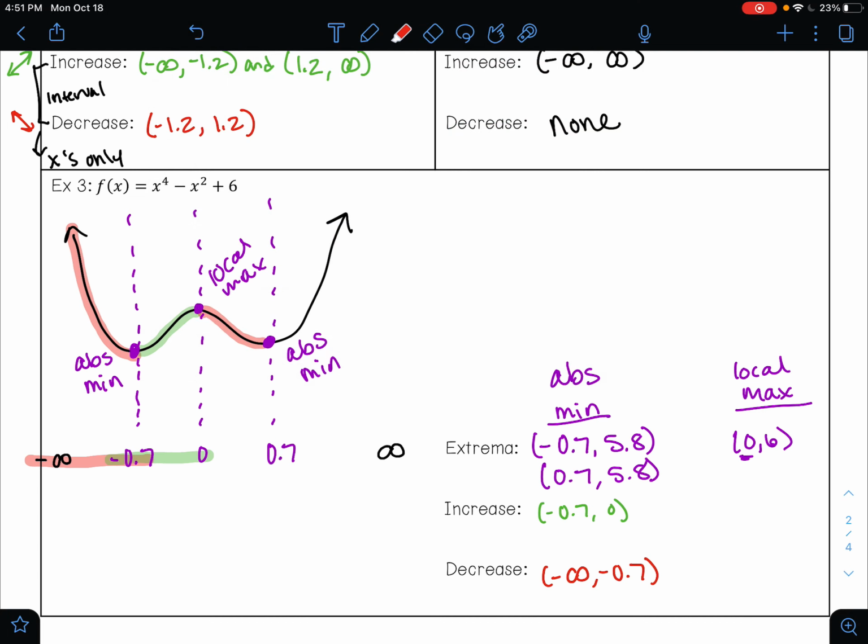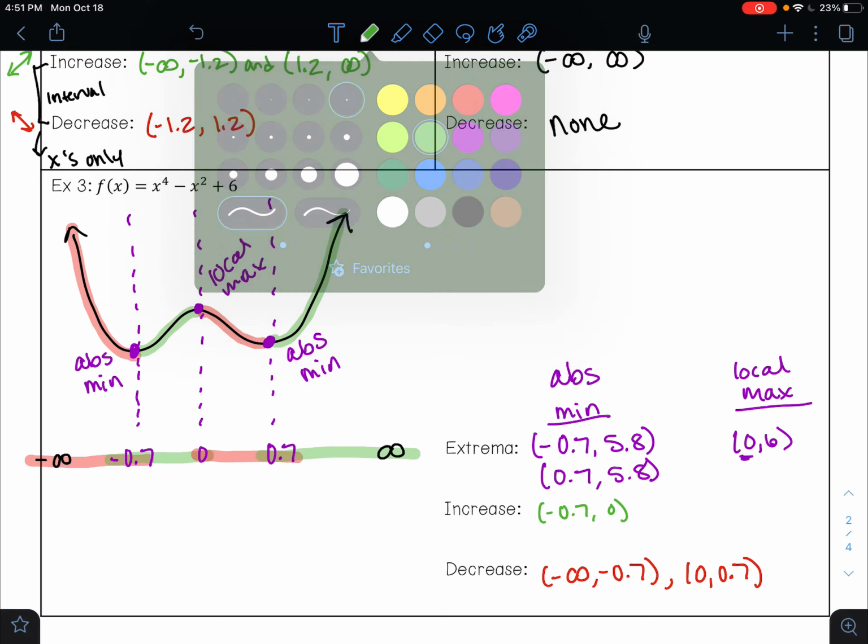So again, I am decreasing. So I am decreasing from 0 to 0.7. And then to go from the absolute minimum to the end of my graph, I'm going up from left to right. So I'm increasing from 0.7 to infinity.